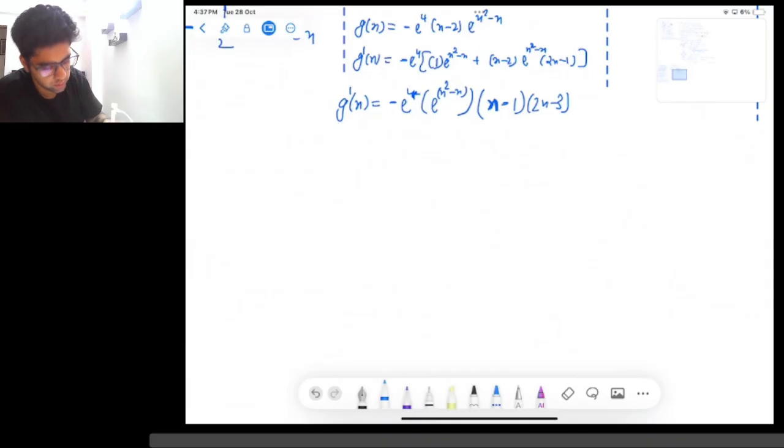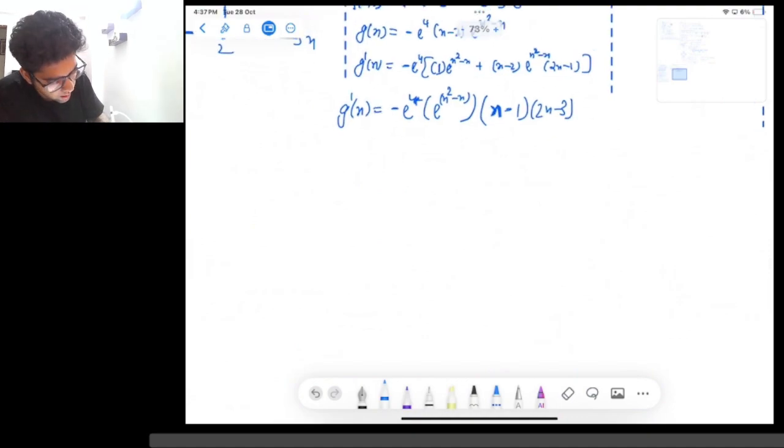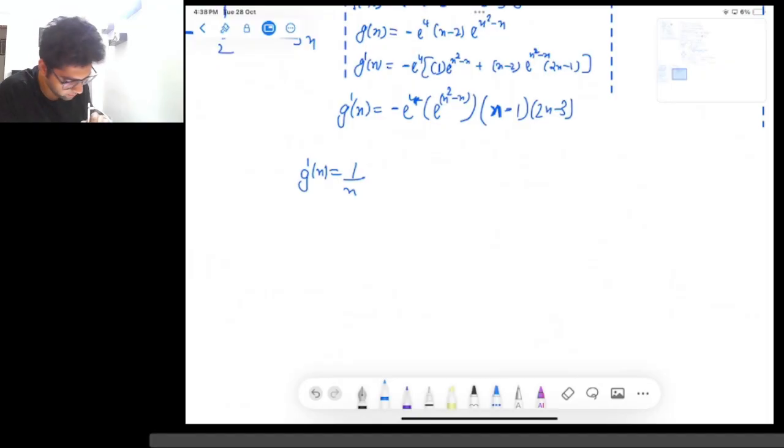So I am not taking e^(x square minus x) here into account, because it gives me positive infinity or negative infinity, and it doesn't really matter here. If for example g dash x was 1 upon x, then g dash x becomes not defined at x equal to 0, and then I would have taken it.